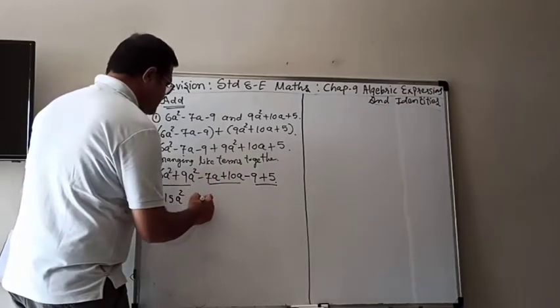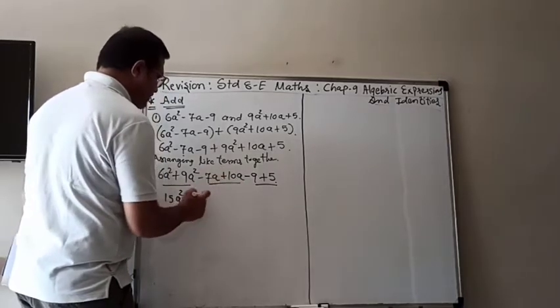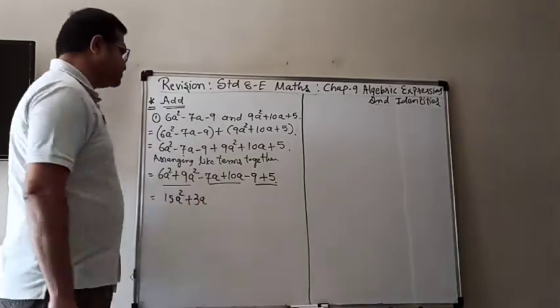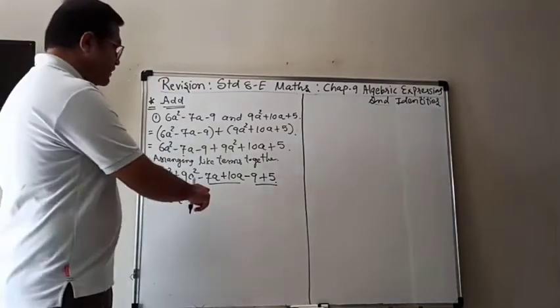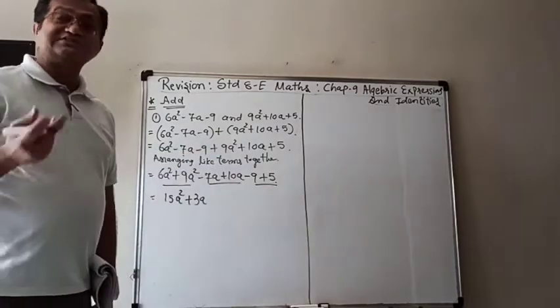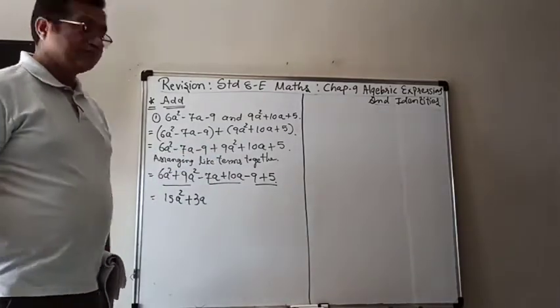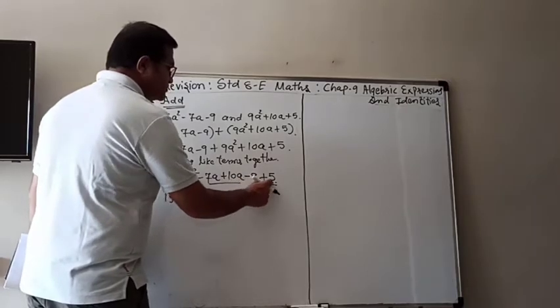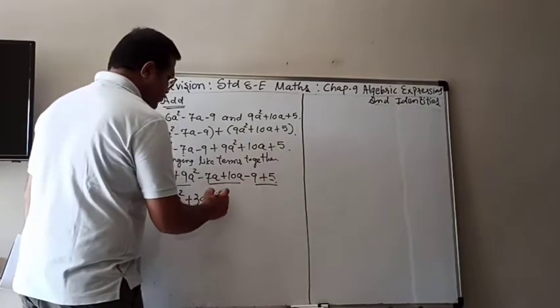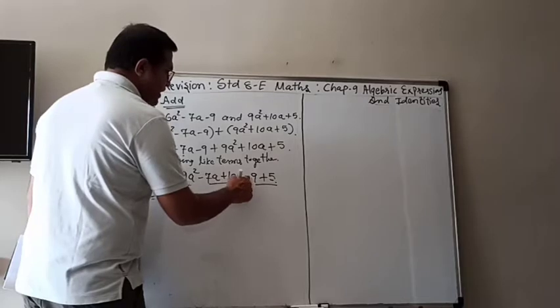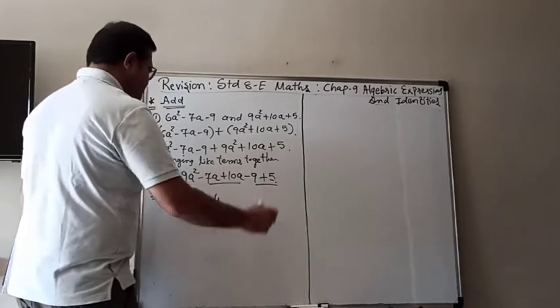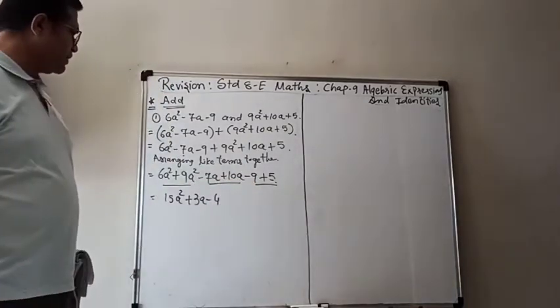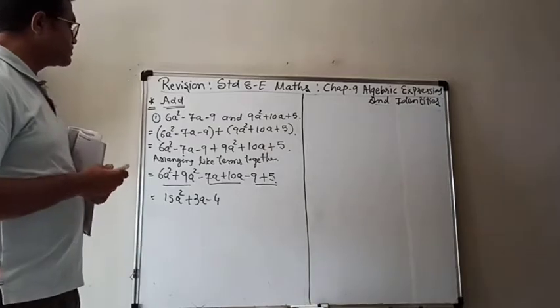So 3a, but the greater number's sign is plus, so plus 3a. Don't do it like that: minus 7 plus 10 is minus 17. And then minus 9 plus 5. Here also opposite signs. So 9 minus 5 is 4, but the greater number 9's sign is minus. So the answer is 15a square plus 3a minus 4.